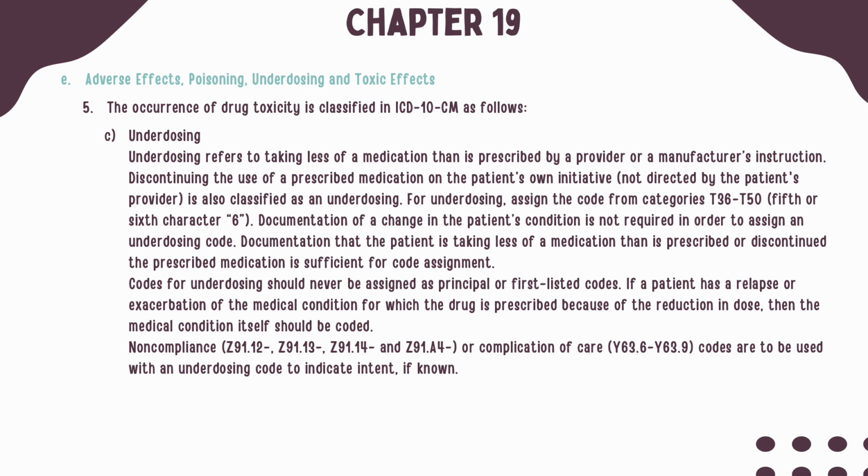Underdosing is coded with categories T36 through T50 with a fifth or sixth character of 6. Codes for underdosing should never be reported as your first listed code. It should instead follow a code for the condition which prompted the prescription. If the intent of the underdosing is documented, then the non-compliance or complication of care can be reported separately.